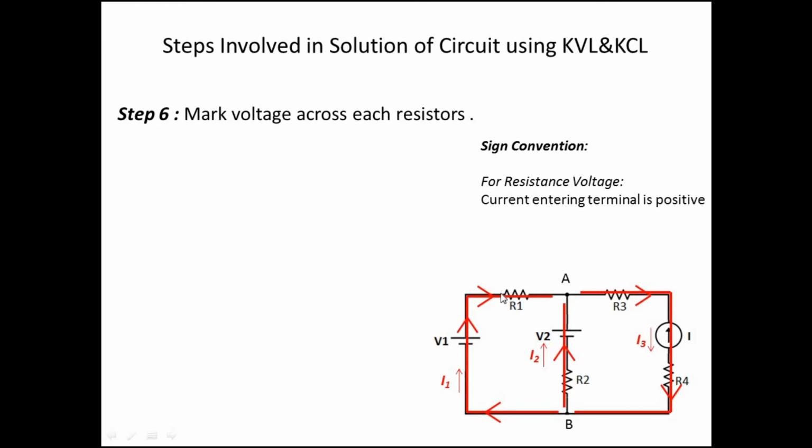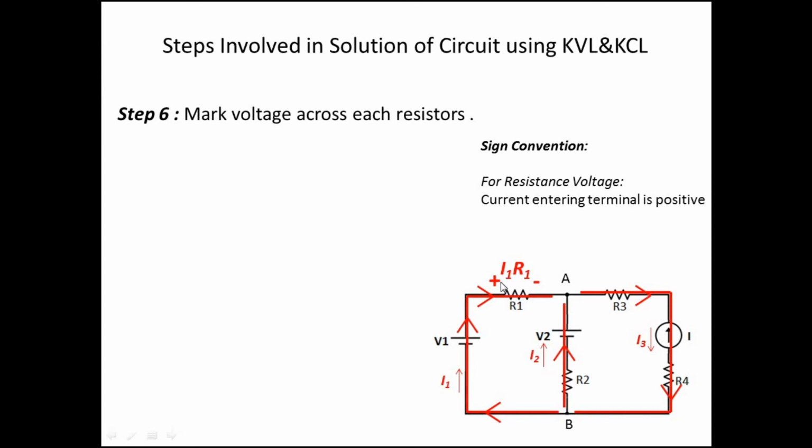So for R1, the current is entering at this terminal, so it is positive, and leaving at this terminal, so it is negative. The current flowing through it is the branch current I1, so the voltage is I1 into R1.